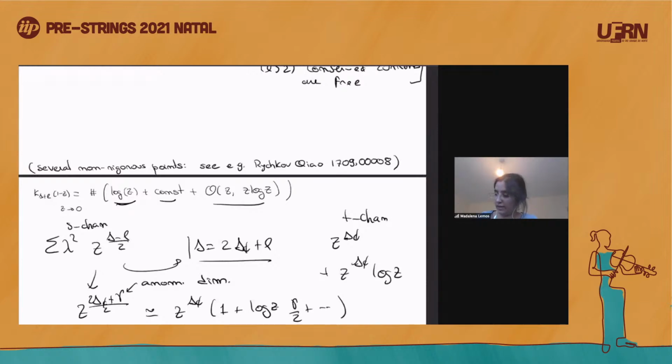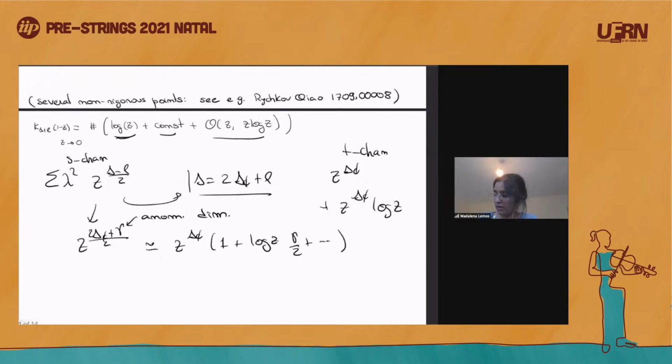So exchanging other operators in the T channel that come with their own blocks that have these log terms is telling me that the dimensions are not exactly double twists, but there are some small corrections. Okay, so again, keeping in the T channel, let's consider the smallest twist operator in the T channel.